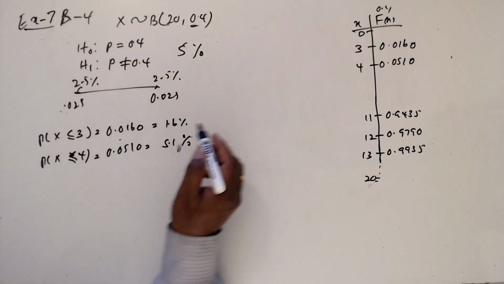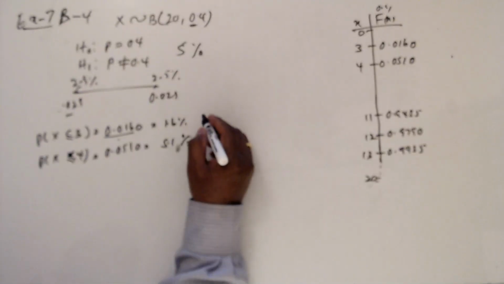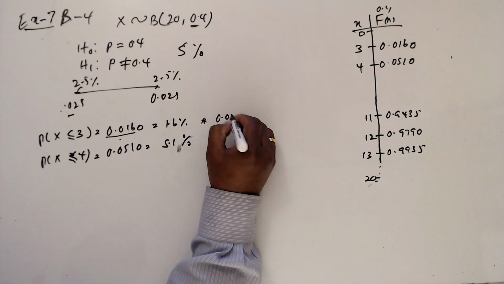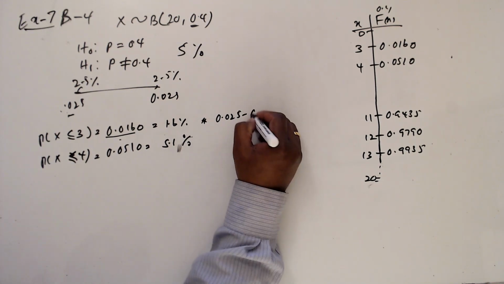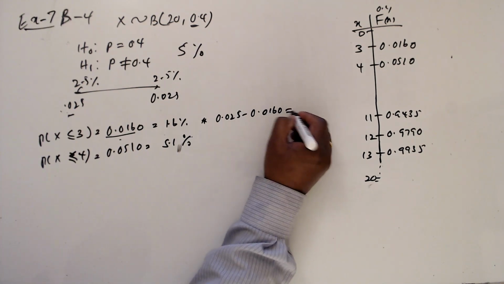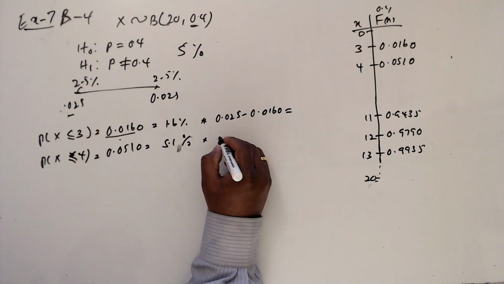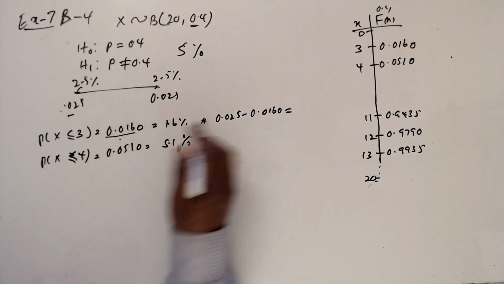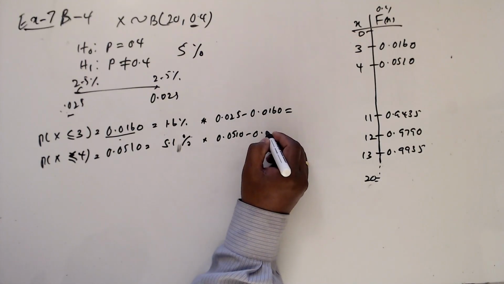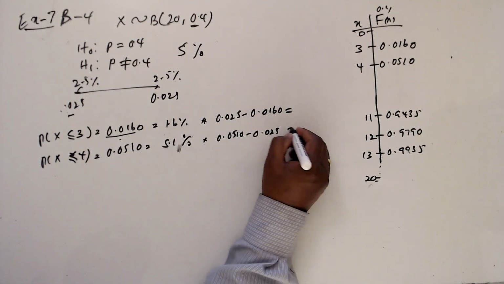I want these two values because we have to select the much closer one. So I do 0.025 minus 0.0160, and then the other check: this is the bigger number, 0.0510 minus 0.025.